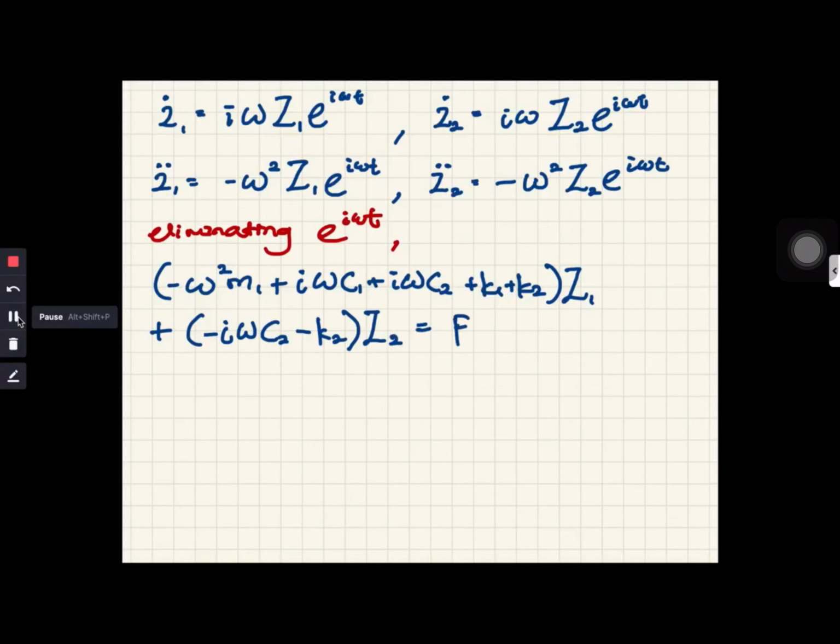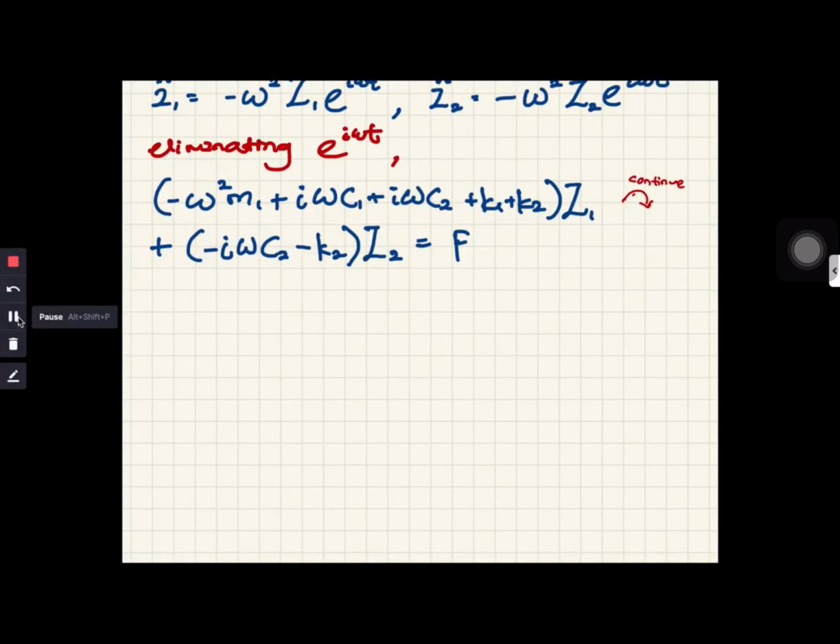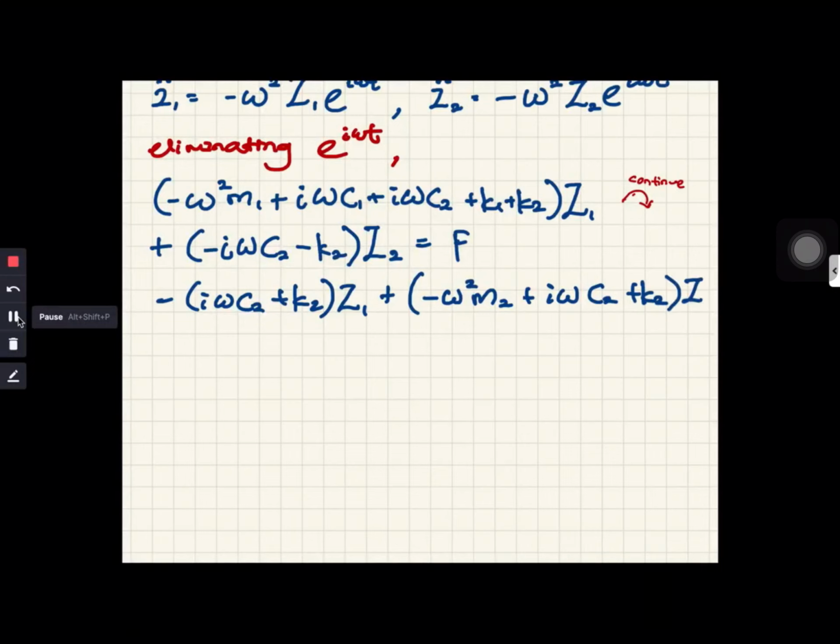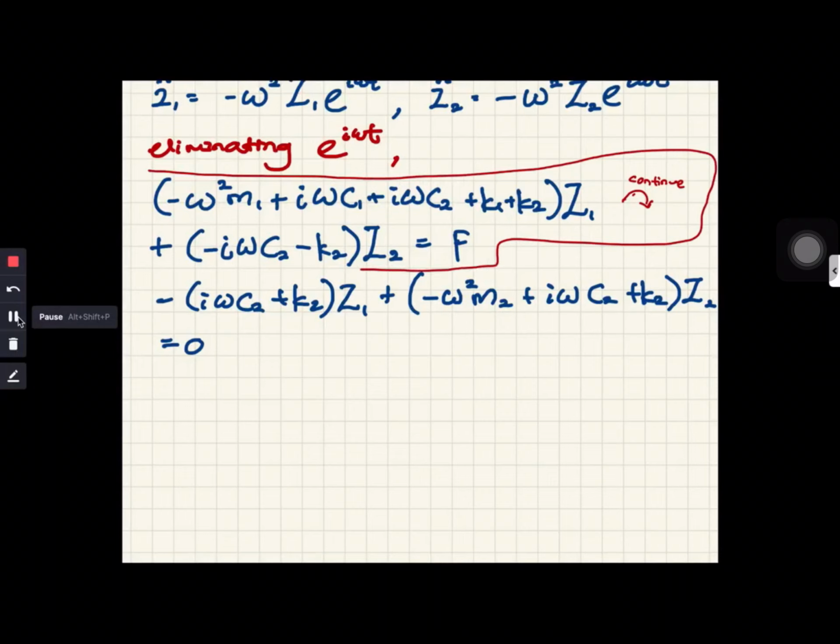Okay, and then the second equation is negative i omega c2 minus k2 times capital Z1, plus negative omega squared m2 plus i omega c2 plus k2 times capital Z2 equals 0. This is the first equation, and I put a different color.